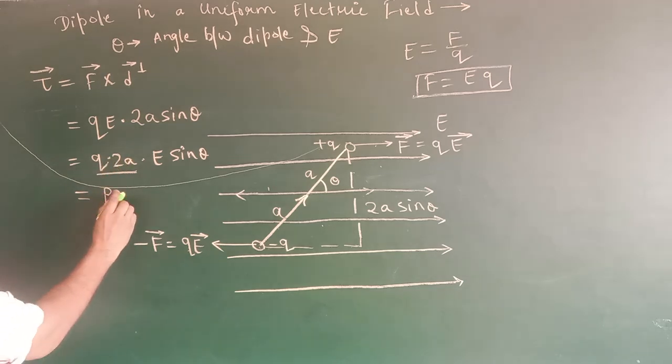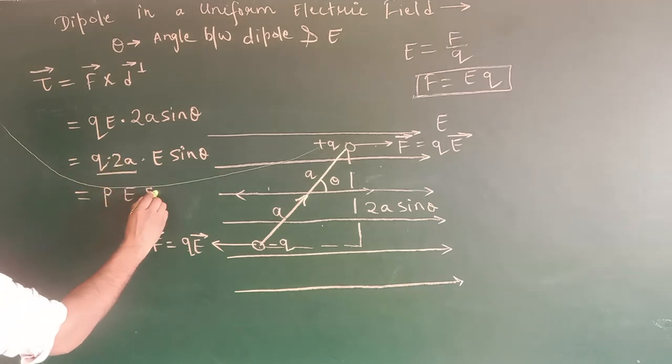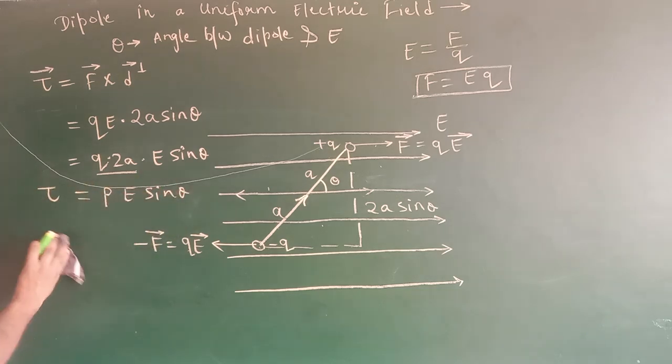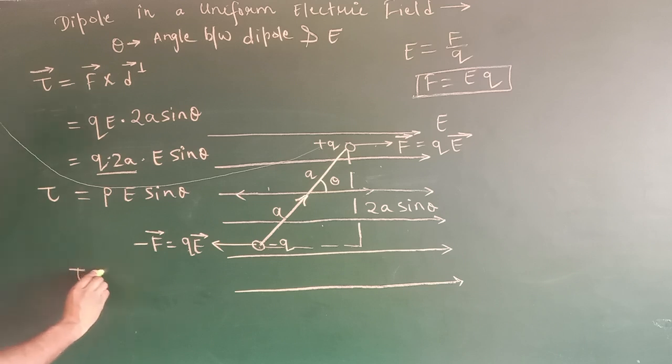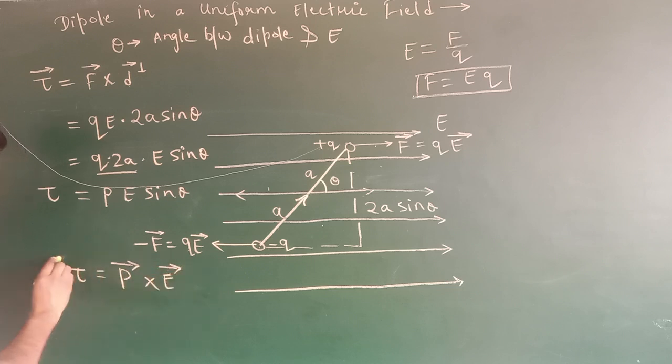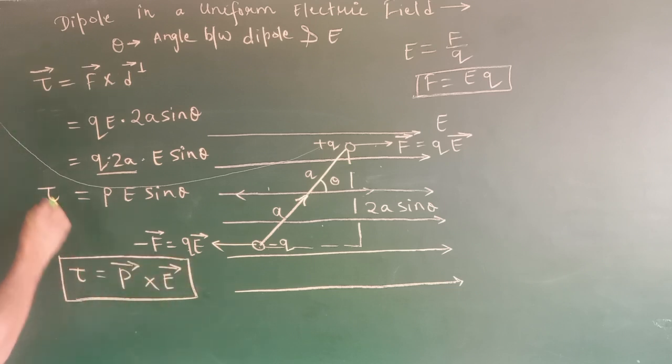So pE sin theta equals torque, tau. So this tau can be written as vector p cross vector E. Both formulae are correct.